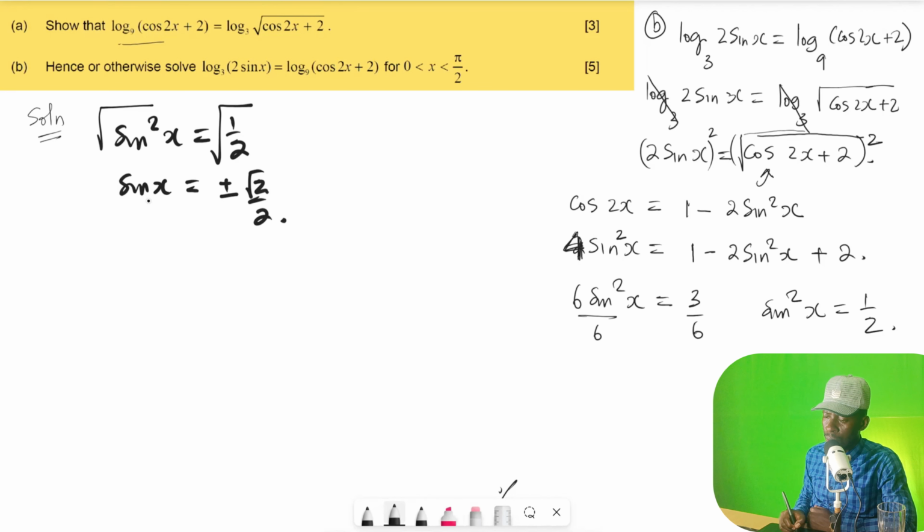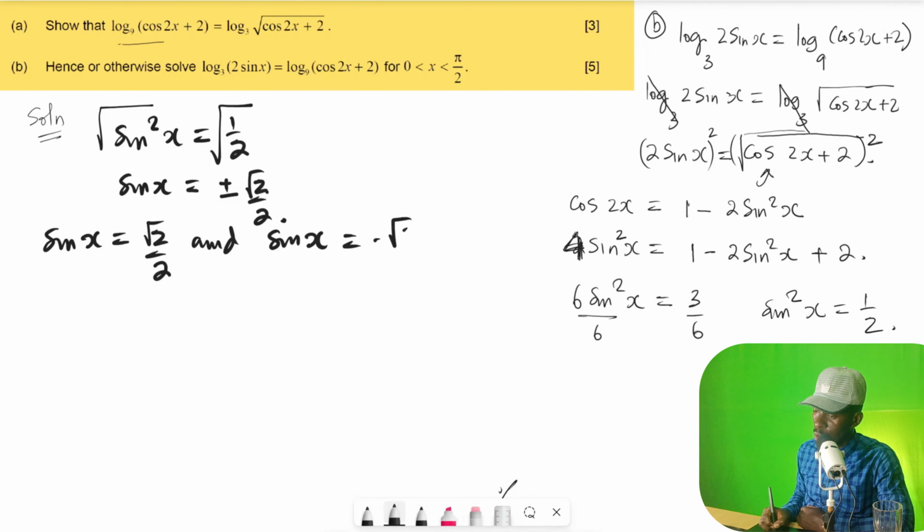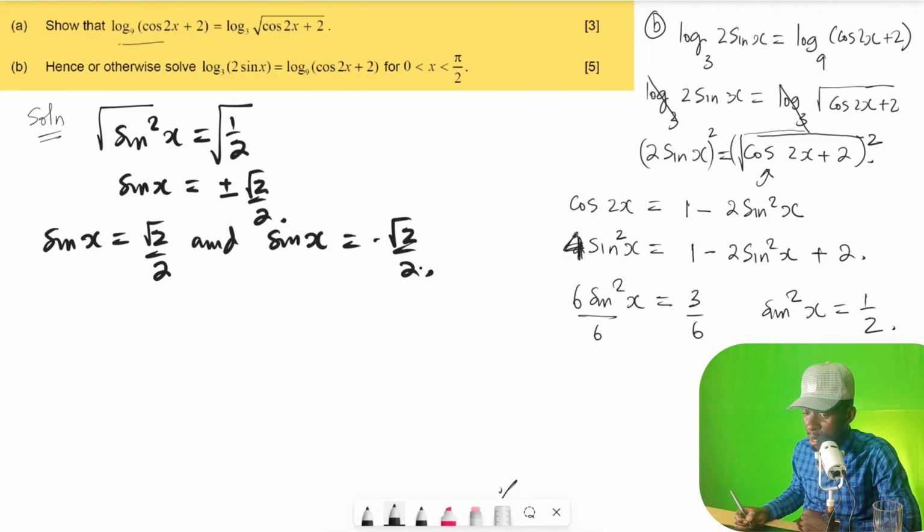So sine of x equals root 2 by 2, and also sine of x equals minus root 2 by 2. But from the question, we have been given the condition. The value of x ranges between 0 to pi by 2, which means it's from the first quadrant.